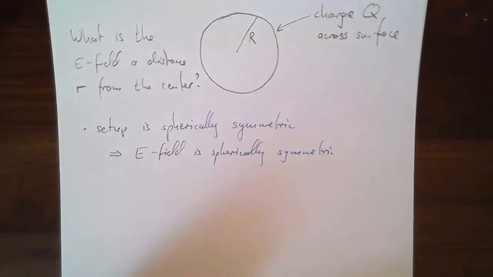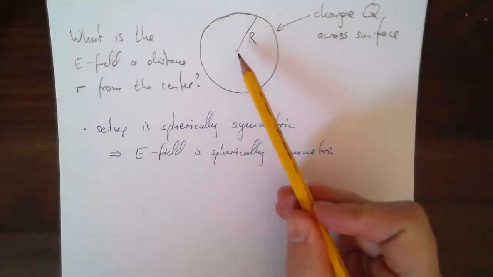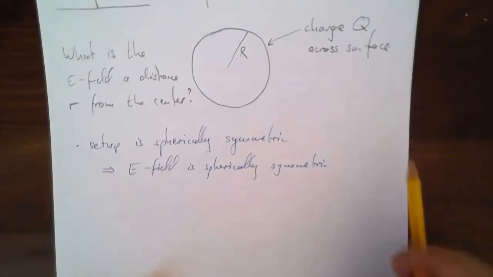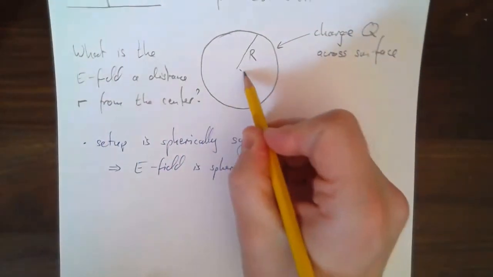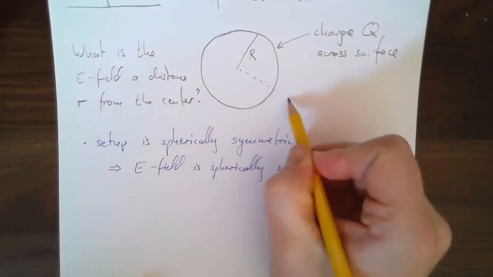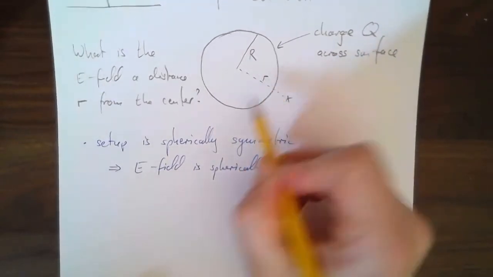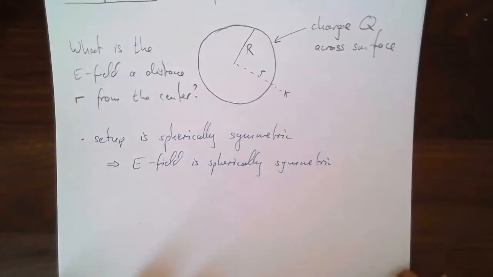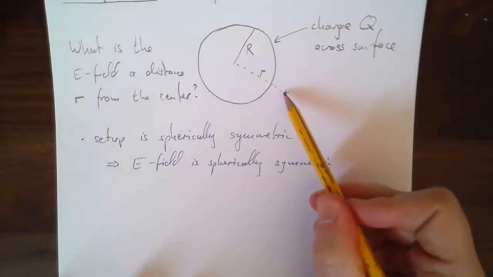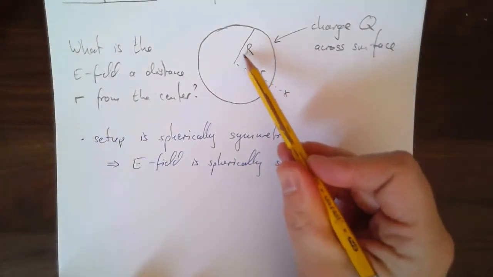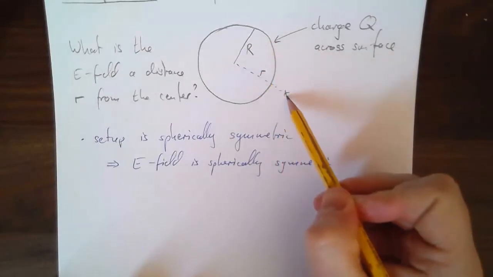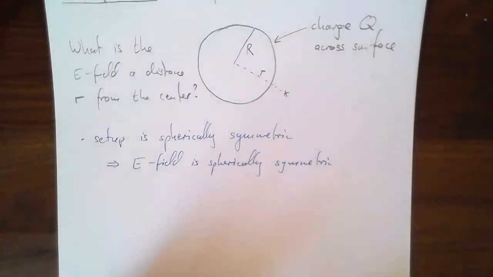So that means our Gaussian surface is going to be a sphere centered at the same point. Should probably draw where r is, right? It could be any r. I'm going to draw it out here, some distance r. But we're also going to think about what happens if r is less than the radius, if the point here is inside the sphere.